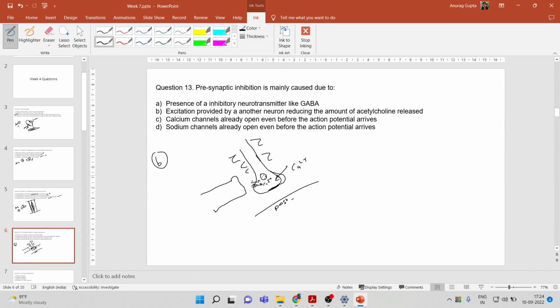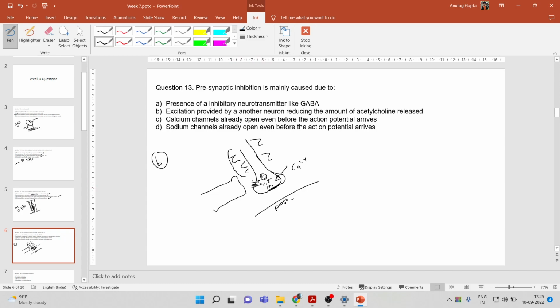The vesicles detect a change in the calcium level, but since there's already calcium inside, the change in calcium concentration due to this action potential will not be much. Hence, these vesicles will not detect a large change in calcium, and they won't fuse with the membrane and release the acetylcholine. So that is how inhibition is being achieved.